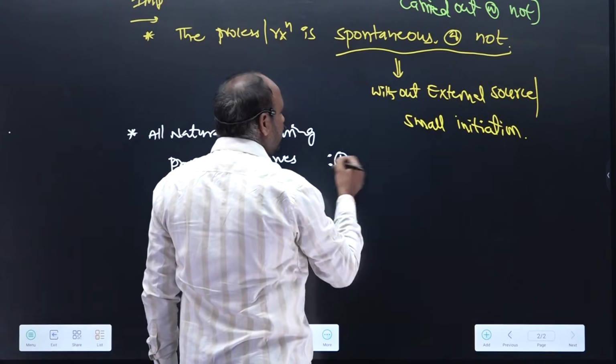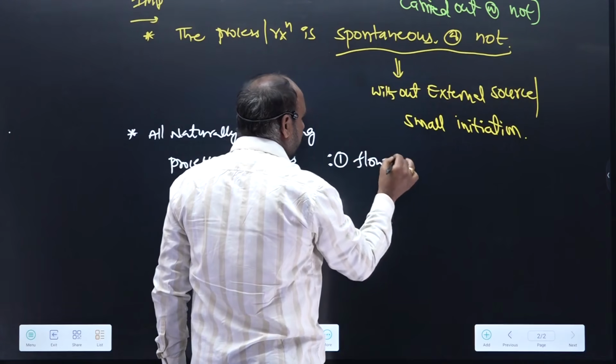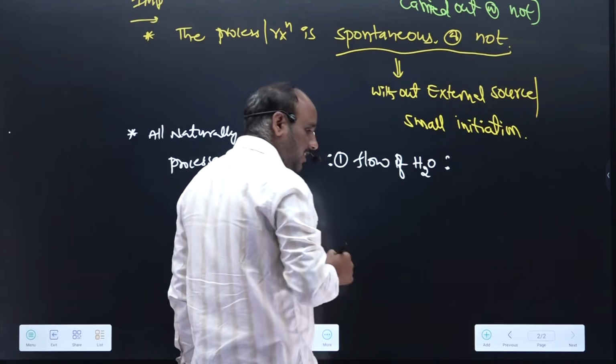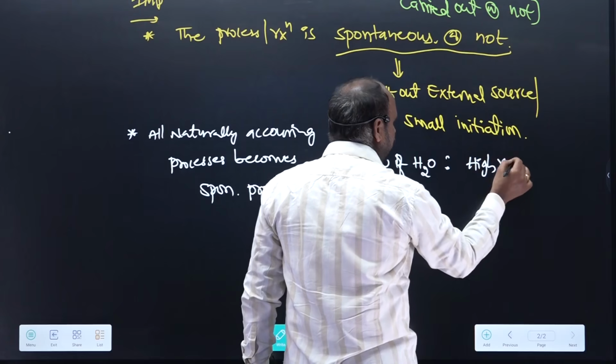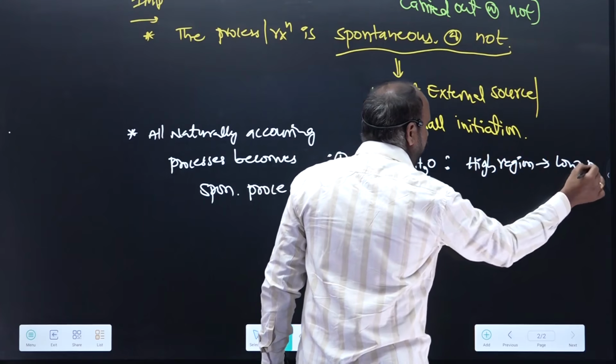All naturally occurring processes become spontaneous processes. The first one is the flow of water. Flow of water from where to where? High altitude to low altitude, or high region to low region.